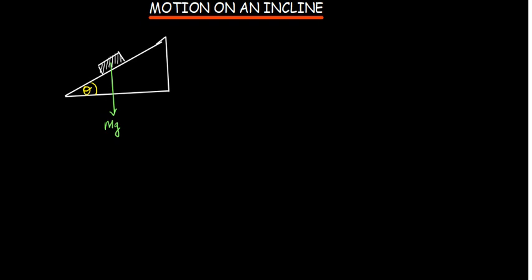Now every object that stands always has a normal force. If an object is on the ground, the normal force will be up. If you put something on a wall, the normal force is going to come out. It always makes 90 degrees to the surface.